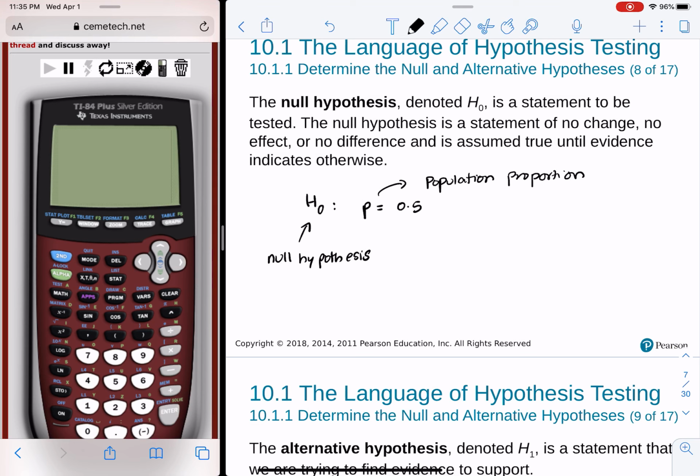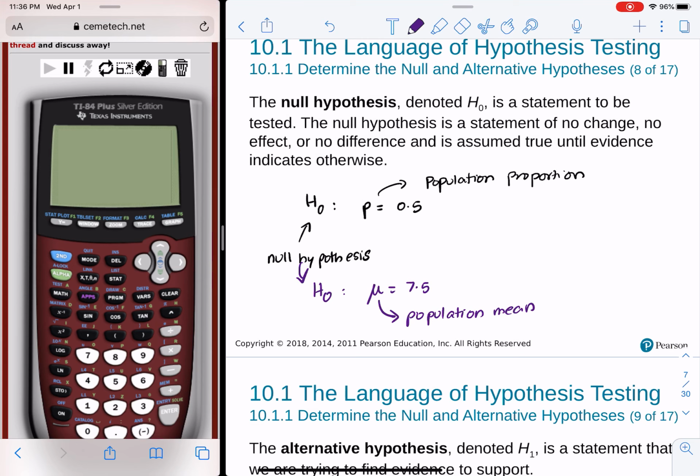Or I could state that mu equals 7.5. Mu is the population mean. So this initial statement is the null hypothesis.